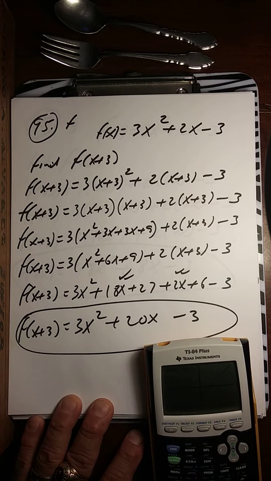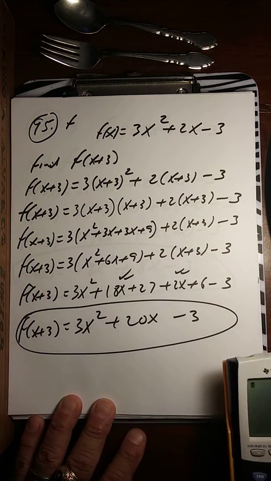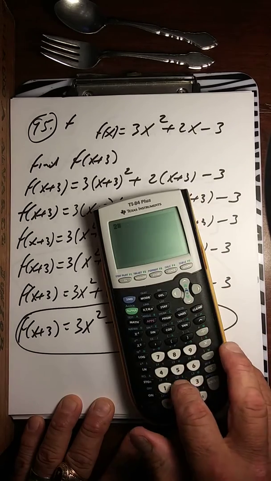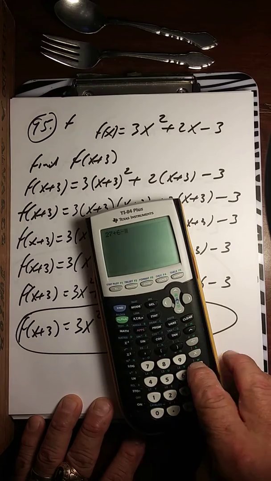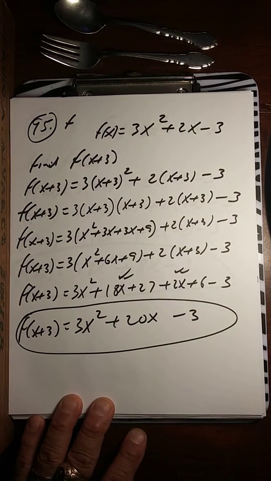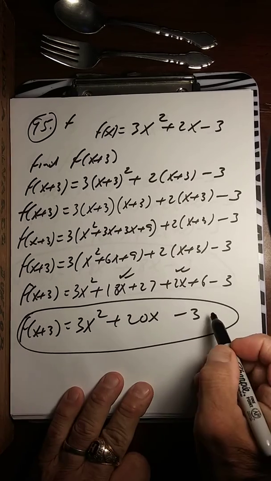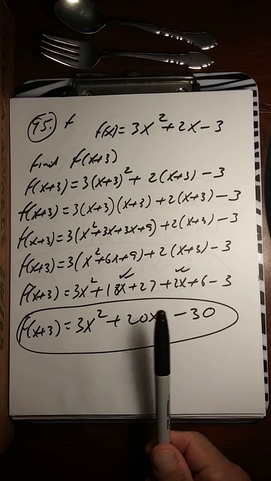Let's see. 27 plus 6 minus 3 is 30. Hey, something's missing here. There we go. Now it looks good. Is that right?